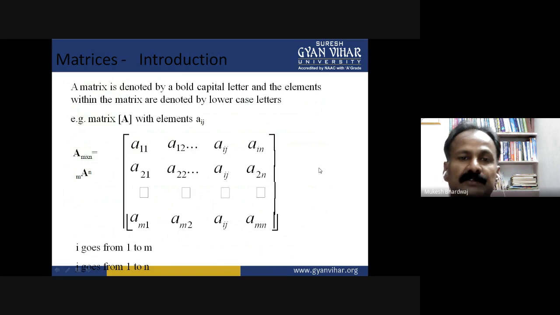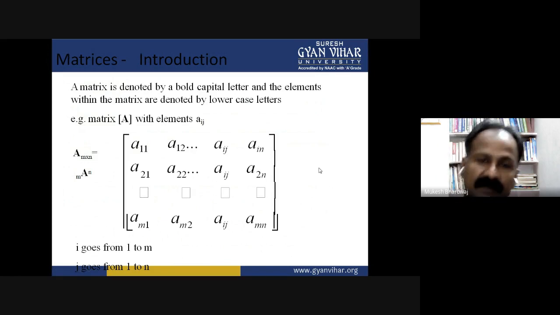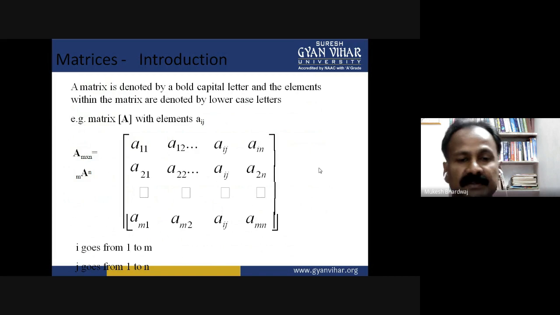A matrix is denoted by a bold capital letter, and the elements within the matrix are denoted by lowercase letters. For example, matrix A with elements a_ij.